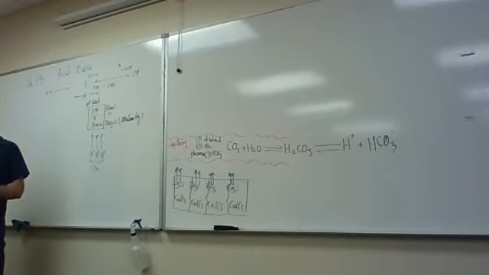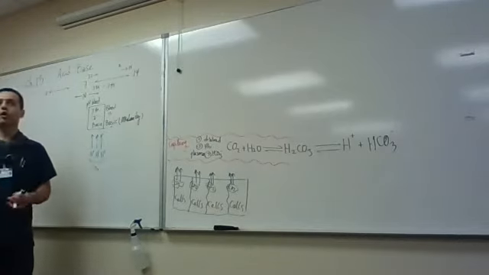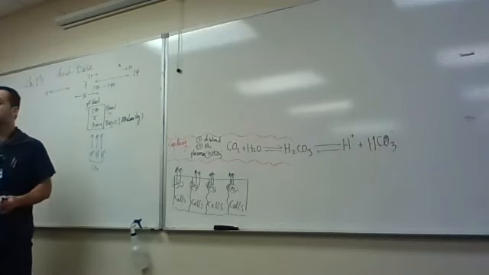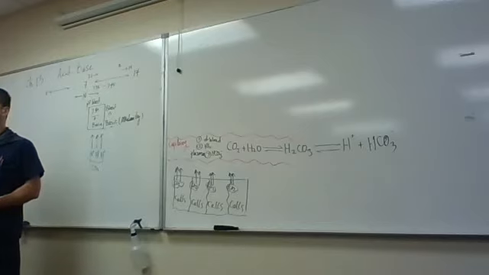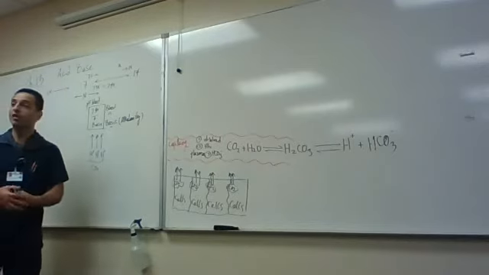And the reason behind it is that if the body becomes too acidic or too basic, then proteins are not going to function. Pretty much the messengers in our bodies are proteins. So those proteins need to function.